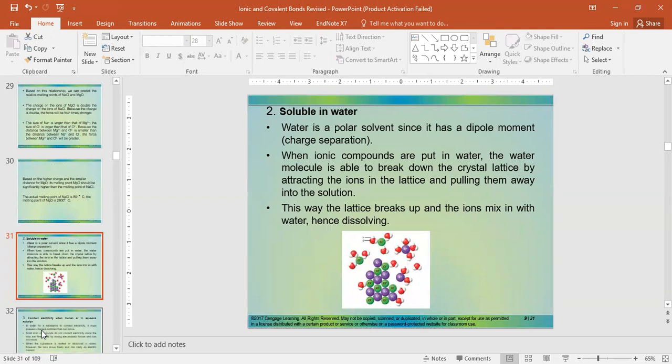Now, the other thing is solubility in water. Water is a polar solvent. And why is it a polar solvent? Maybe I should also explain this. You know, water is H2O.